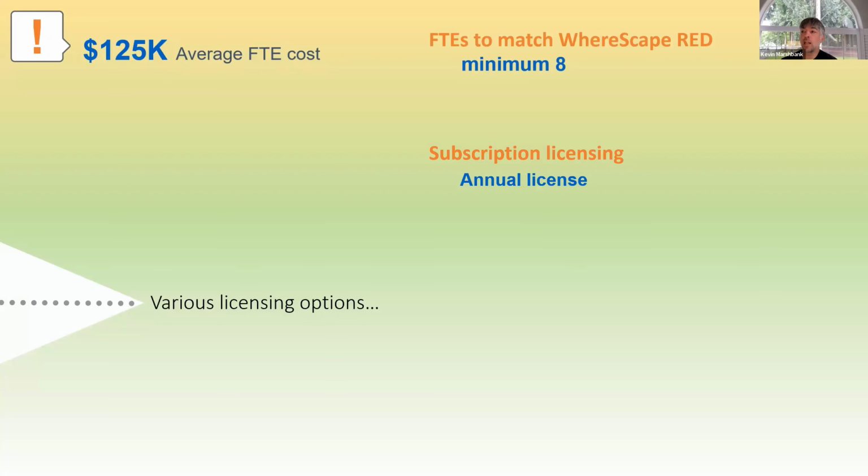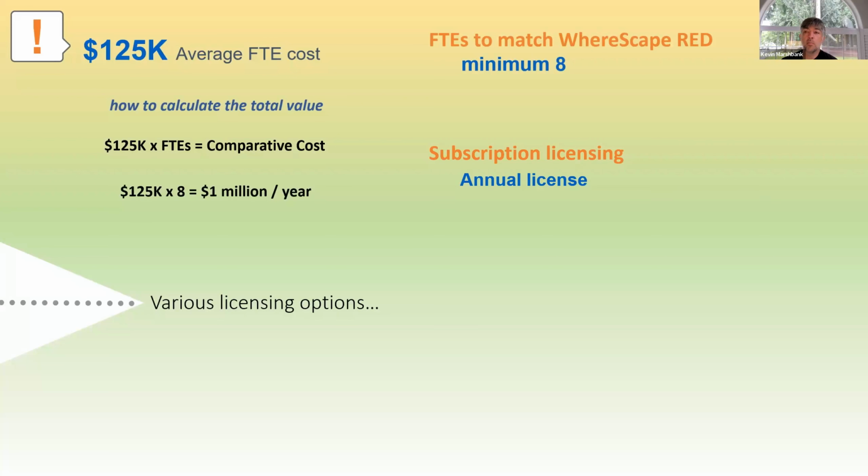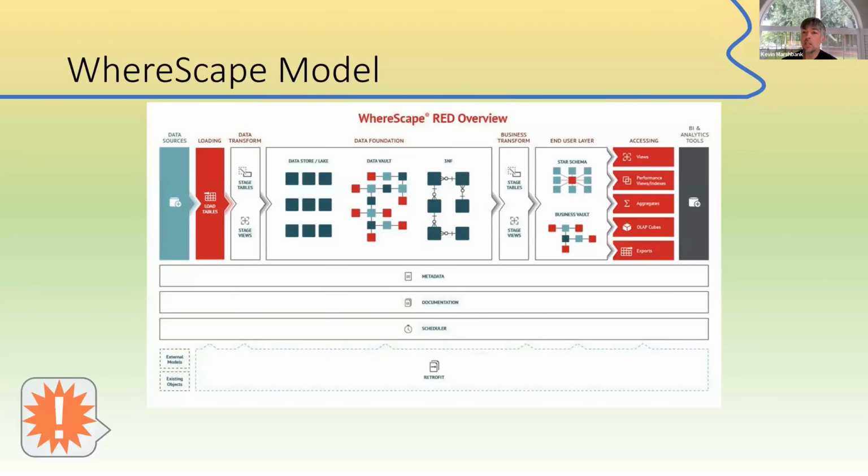Then looking at annual subscription licensing, if we look at that 125K cost times the FTEs we're not going to have to hire, that's a $1 million a year cost. Now, here's the other thing about using data warehouse automation. It is improving the efficiency of the people that are already there. You're not hiring and onboarding and waiting for people to become more efficient.